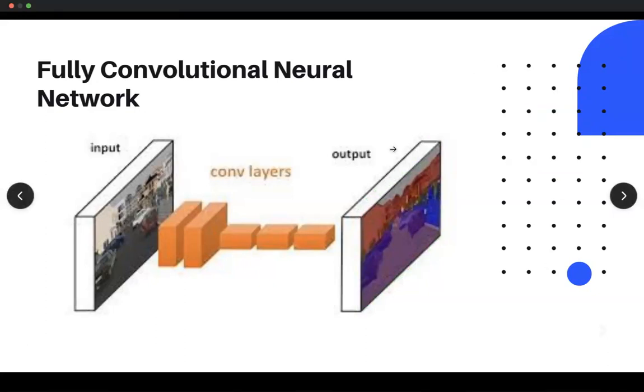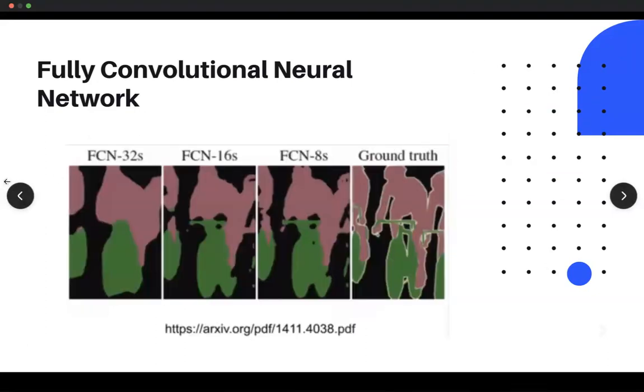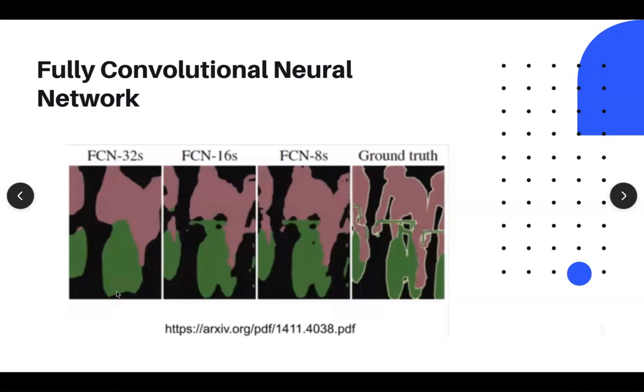There are multiple versions of it, depending on the stride. The worst version, which makes the size very, very small, is very easy to train. And as you can see, this is the ground truth. Fully convolutional neural network 32 stride means that the output image is 32 times smaller than the input image. So every group of 32 pixels will be grouped together into the same class.